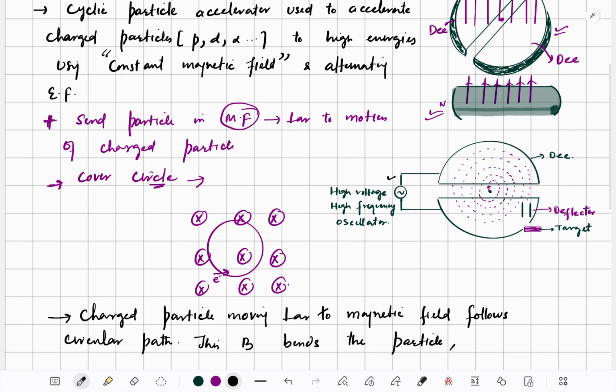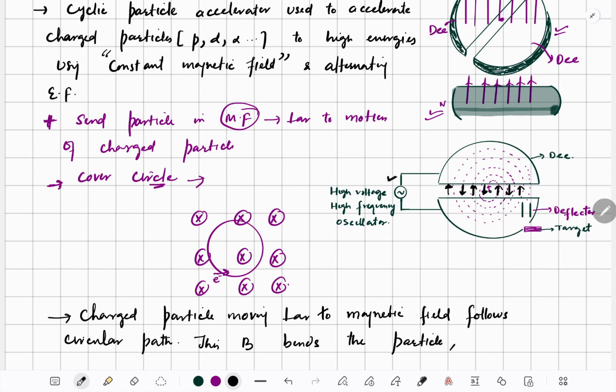Here we have the AC input, a high voltage AC signal, and this is attached to these Ds, and they create the electric field in between the Ds. The input voltage is AC, and that's why the electric field will change direction alternately.